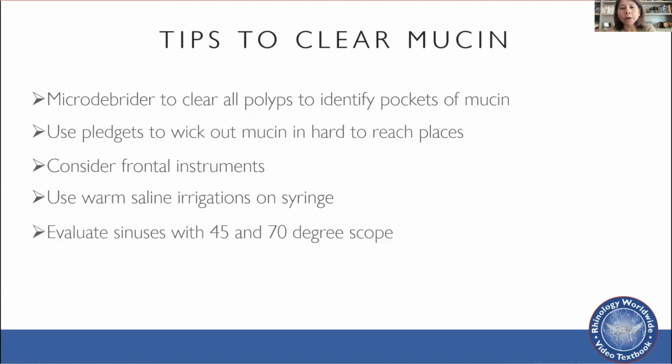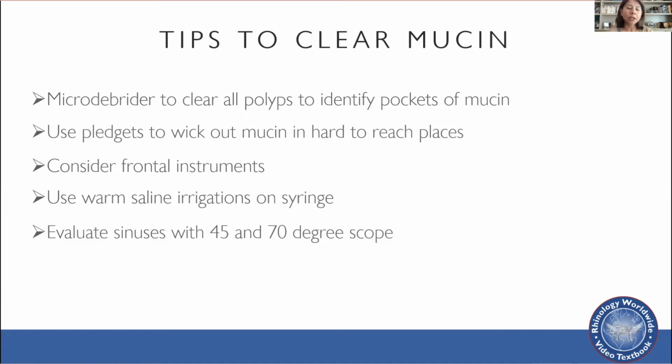But in allergic fungal rhinosinusitis, the mucin, which can be triggering this inflammation, can be hidden within the polyps. So it's really important to address all those polyps and remove as much of that as possible, because you may be leaving pockets of mucin within these polyps. And the microdebrider can still be very effective in that scenario.